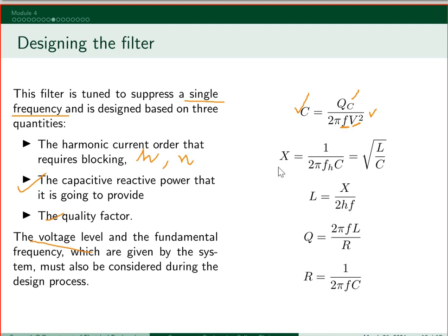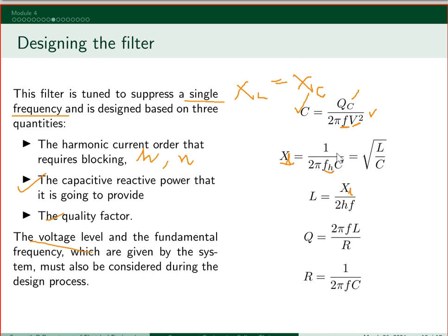And this is rather XL. This is your XL, and this is also XL. Okay, and XL can be equal to 1 by 2 pi FH C, because this XL will be equal to XC only at a particular frequency. That frequency is termed as the design frequency or the tuning frequency, FH.